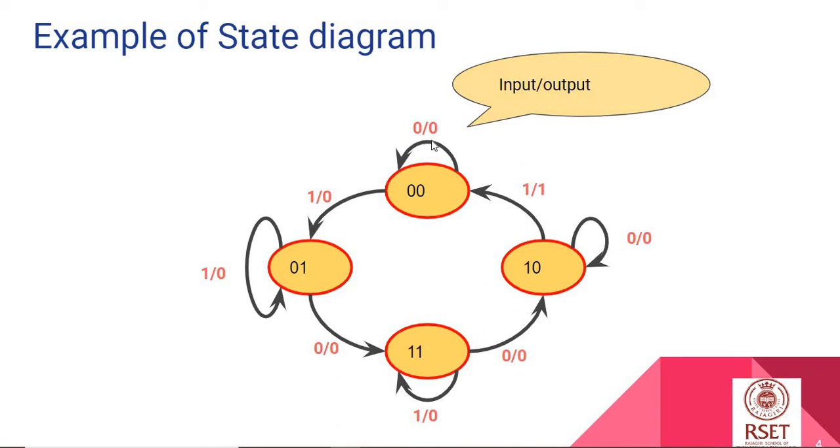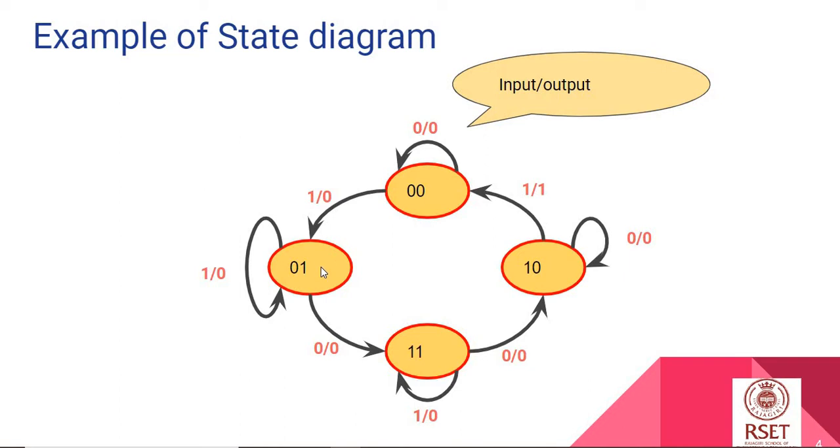So the direction from one state to the next state is indicated by these arrows, and over the arrow we note input/output, where it shows when an input is given, where it goes and what the output is.